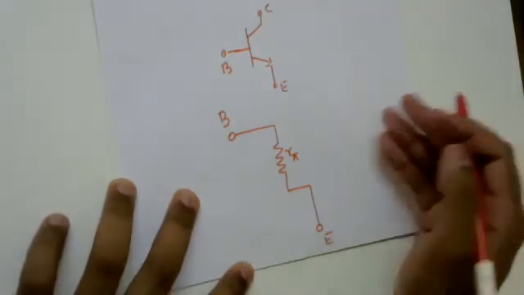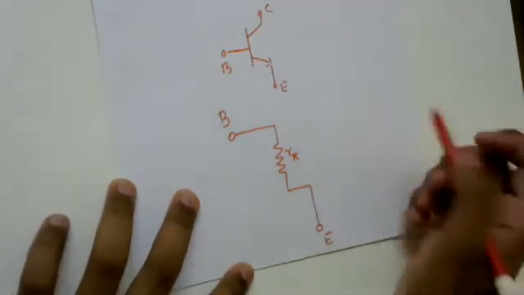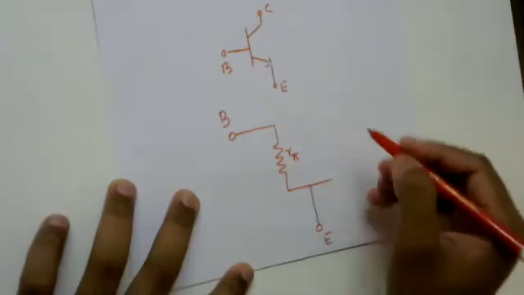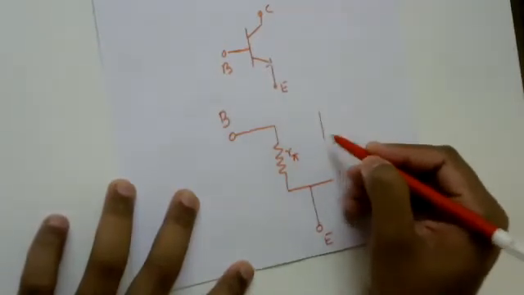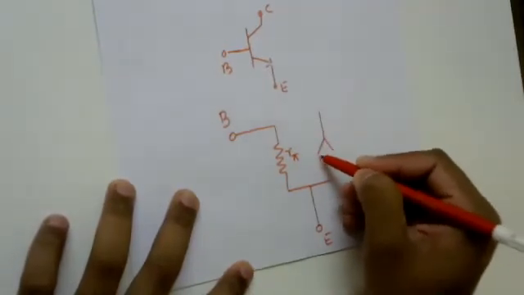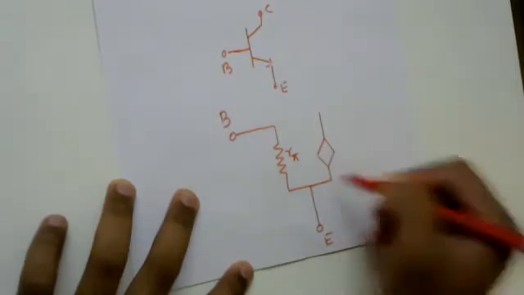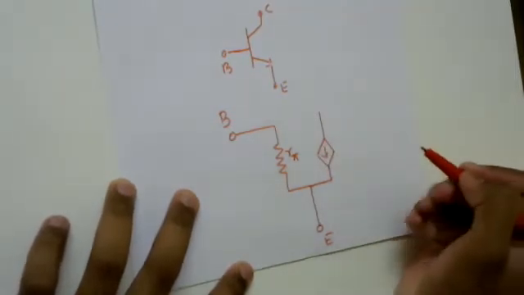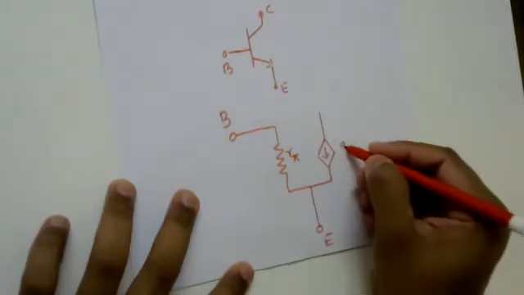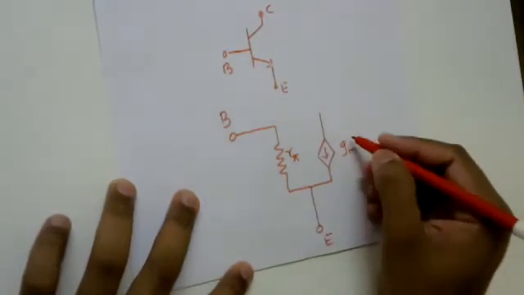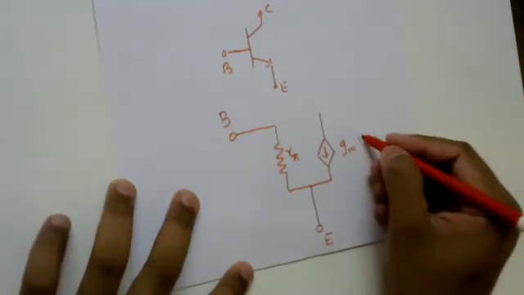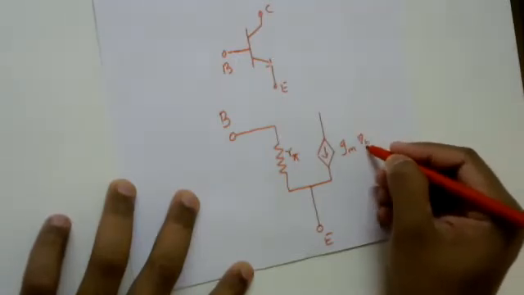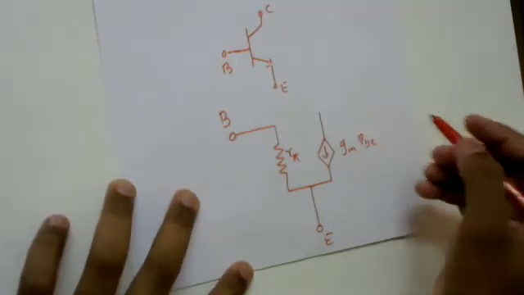And I have the resistance between collector and emitter, which I can represent in terms of a current source, wherein a current flows that is an amplified version, GM into VBE.